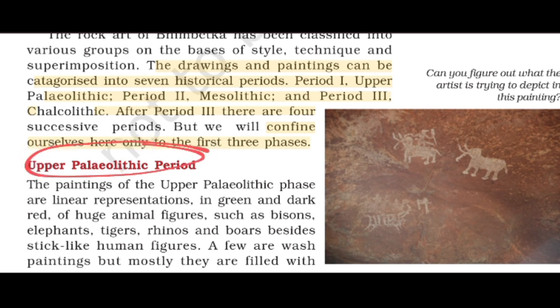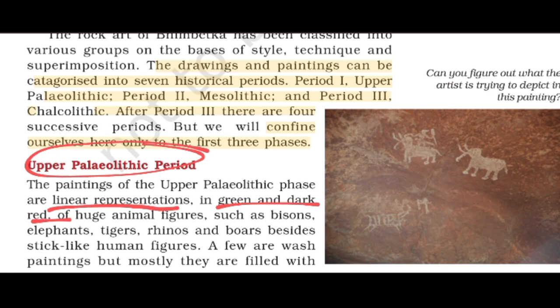Upper Paleolithic phase is the time where the paintings are in linear representations in green and dark red. These are the two colors which you need to remember, green and dark red, used for animal figures such as bison, elephant, tiger, rhinos and boars besides stick-like men figures.